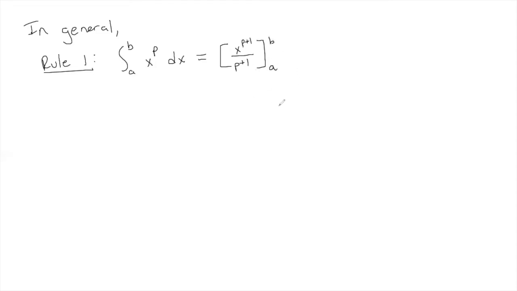In general, Rule 1 will be that the integral from a to b of x to the p dx is equal to x to the p plus 1 over p plus 1, and then I evaluate it from a to b.